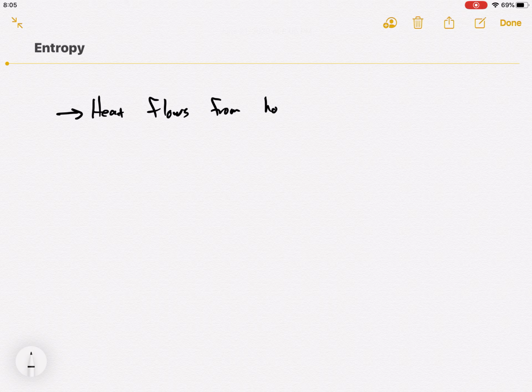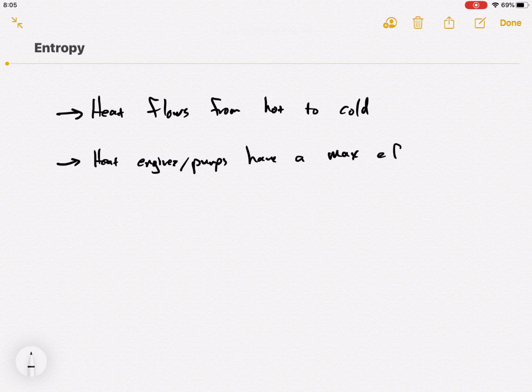So we've talked about two of the consequences of the second law of thermodynamics. Those two consequences were that heat flows from hot to cold, and heat engines and pumps have a maximum efficiency, and that maximum efficiency is lower than what the first law says.